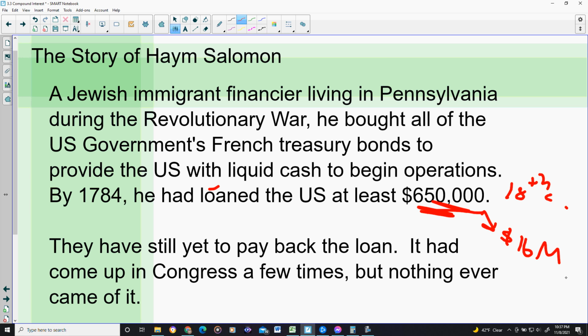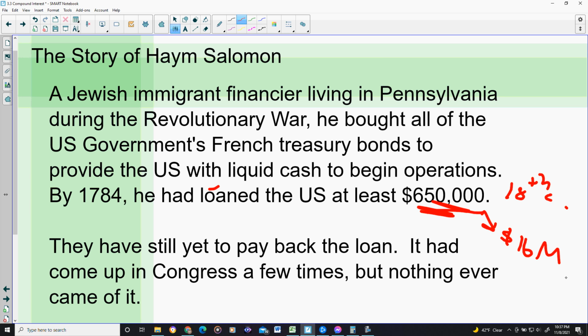Now, Haim himself, selfless man that he was, never ever asks for repayment, ever. And it was really selfless of him to do that. However, he did take out official documents for these treasury bonds.